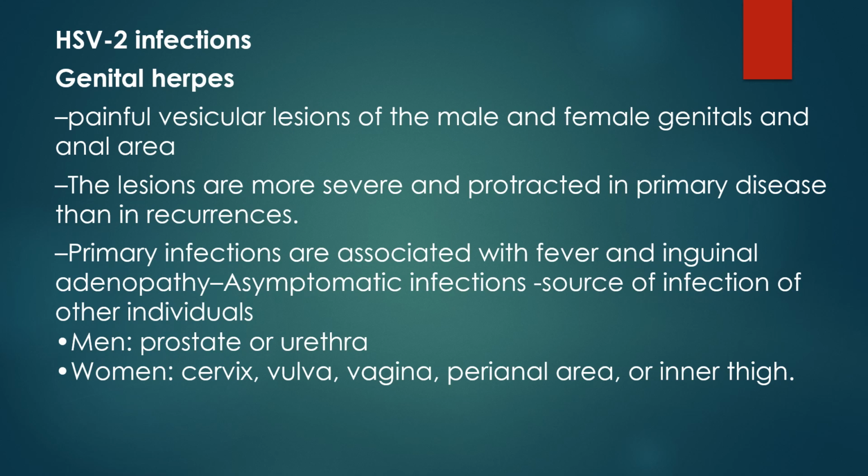Asymptomatic infections may also occur and be a source of infection to other healthy individuals. In men, this virus causes infection in the glans or shaft of the penis and also in the prostate, occasionally in the urethra. In women, it causes infection in the cervix, vulva, vagina, perianal area, or inner thigh.